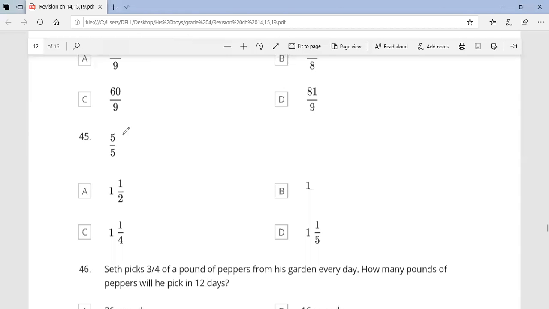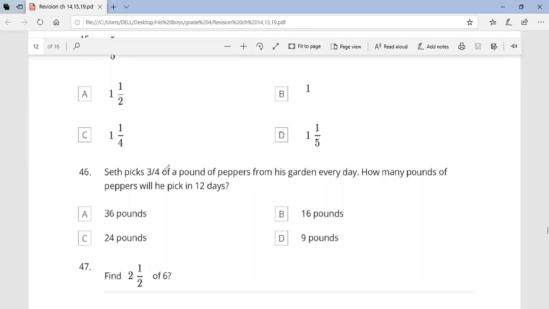As we said, 5 over 5. A number divided by itself gives 1. The next one says 3 over 4 of 12. As we said before, of means multiply, so 3 over 4 multiplied by 12.